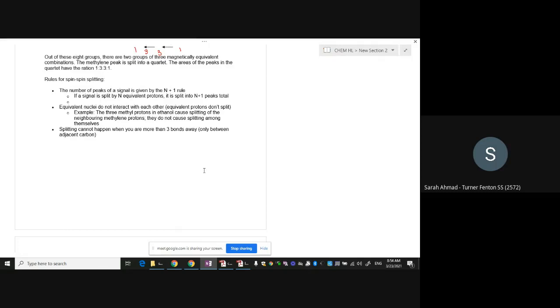So the rules for spin-spin splitting. The rule is always itself. The number of peaks of a signal is given by the n plus 1 rule. This is how we did it earlier, right? For the CH2 and CH3 on the Br, what did I say?